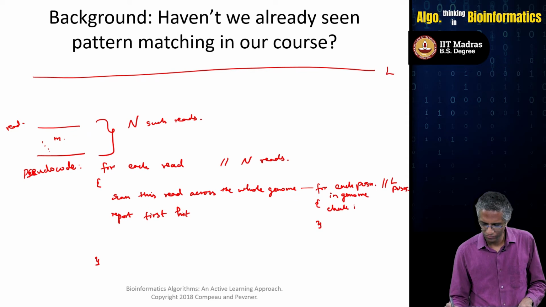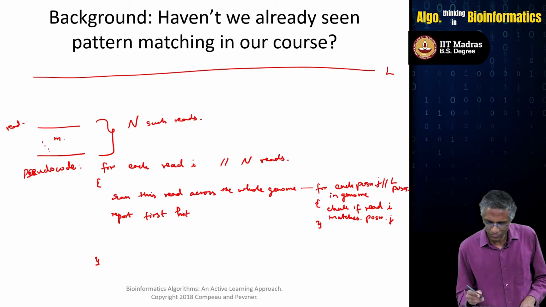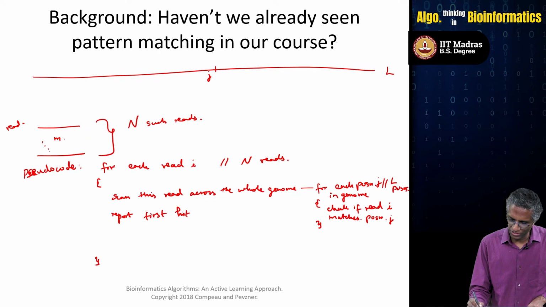Check if read i matches for each position j in the genome. So you have a position j in the genome, and you have the read i.